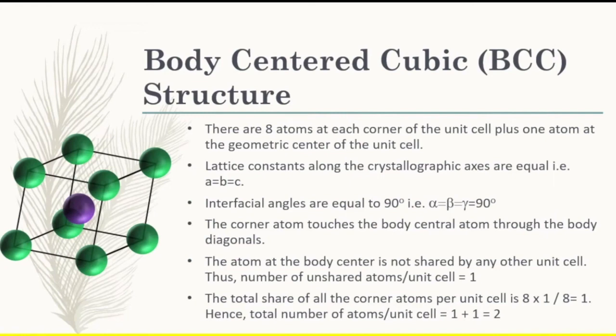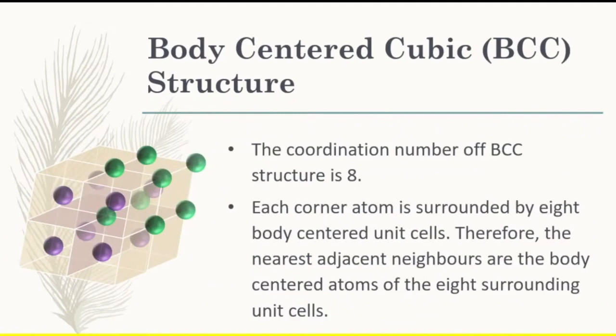So there is one unshared atom belonging to the unit cell, which is the body centered atom, and one shared atom from the 8 corners, and so the total number of atoms per unit cell is 2 for the body centered cubic structure. The body centered cubic structure we can also call BCC.